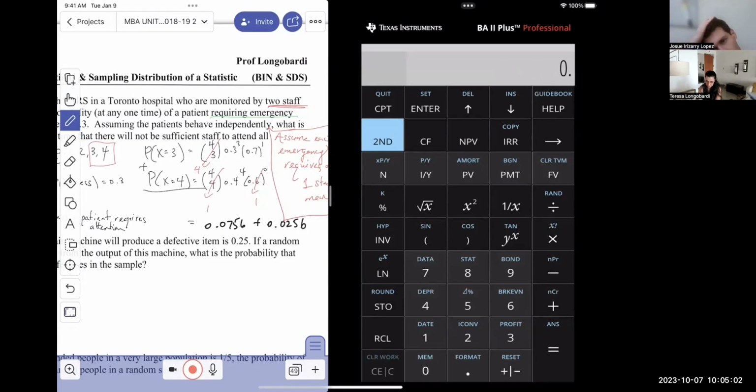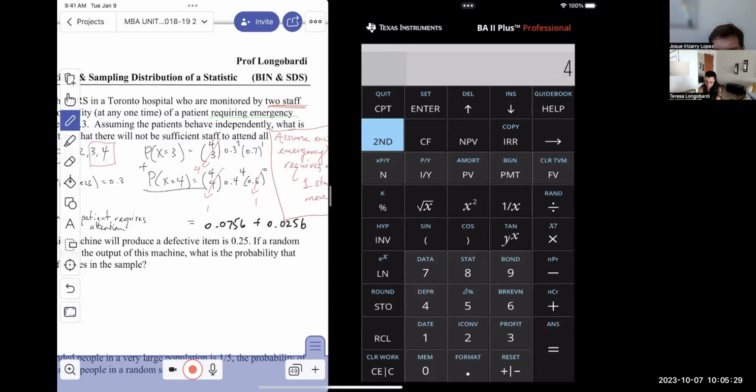What did I do wrong? Let me do that again. 4 times 0.4 times 0.3 to the power 3 times 0.7 is 0.0576, and 0.4 to the 4 equals, oops.